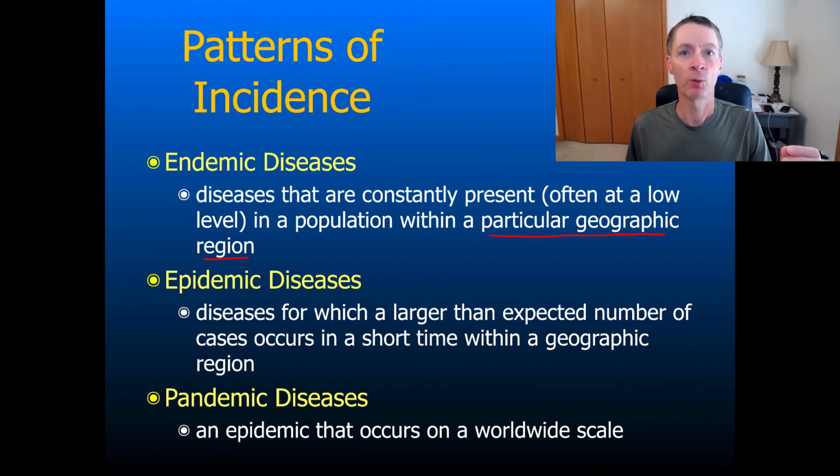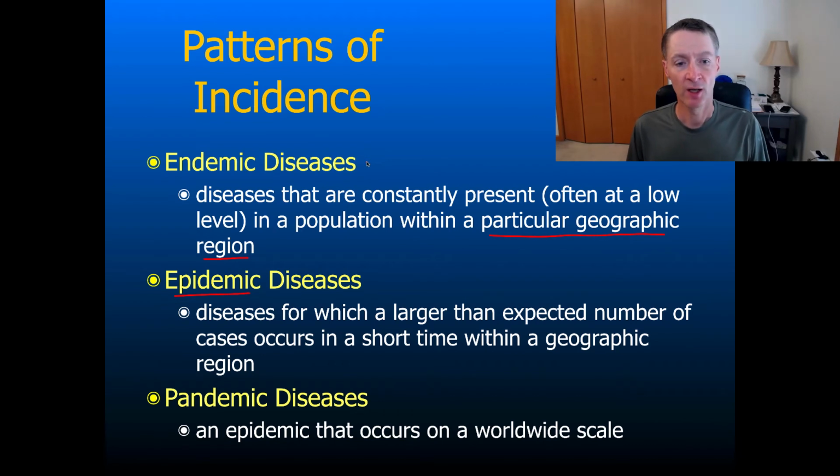But if we reach those proportions here in New York State, we would say instead that it's an epidemic proportion of disease, okay? So you might have very different endemic diseases depending on where it is that you're talking geographically.